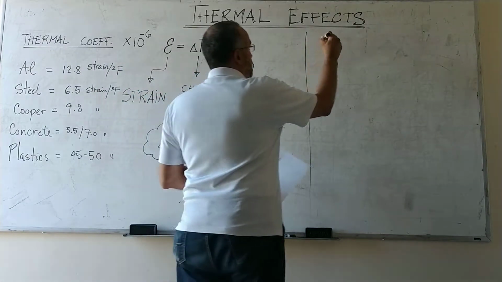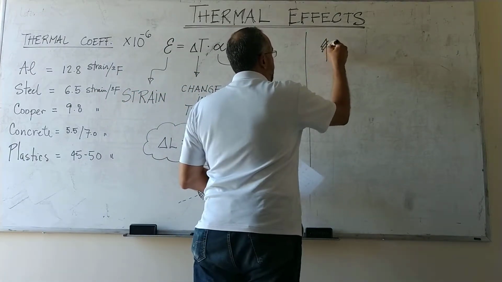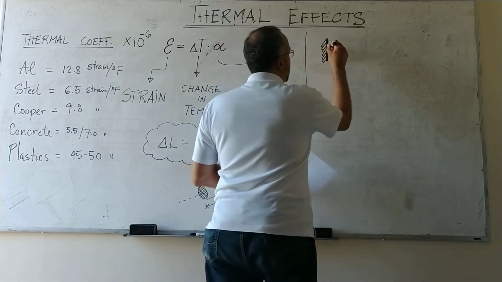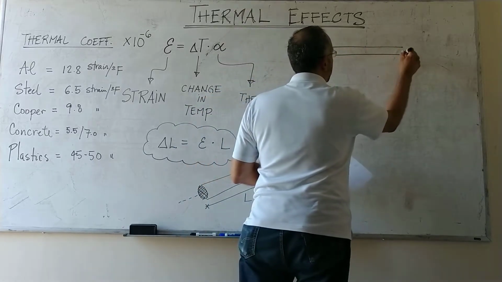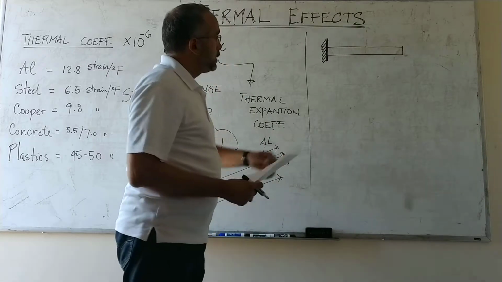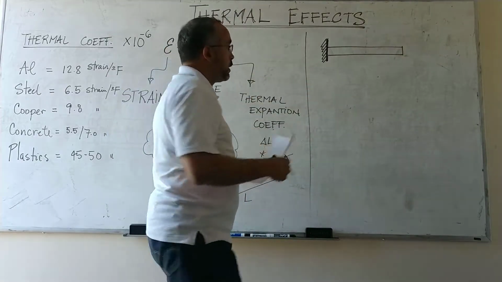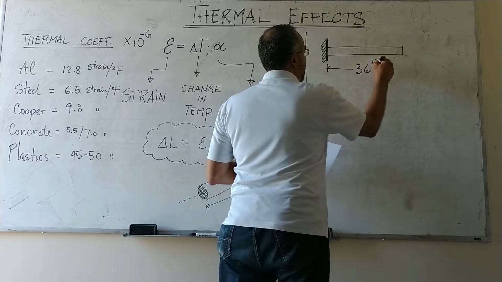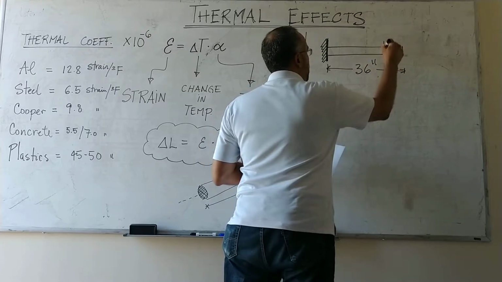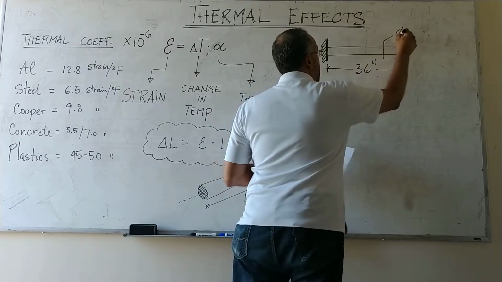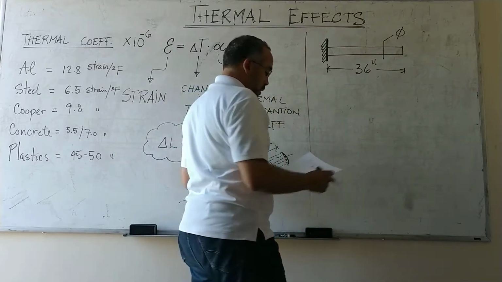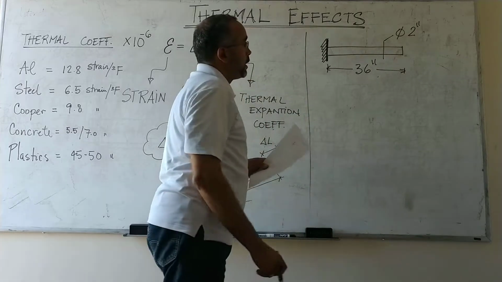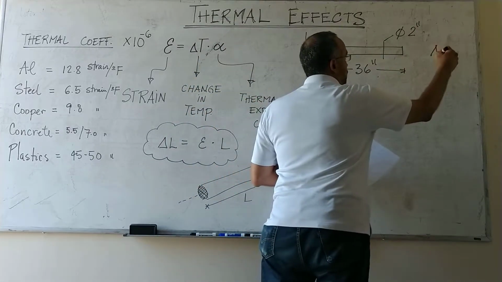So let's say we have a bar which is restrained only at one end. Let's say it has a length of 36 inches and is a solid circular bar of 2 inches in diameter, and it is made out of aluminum.